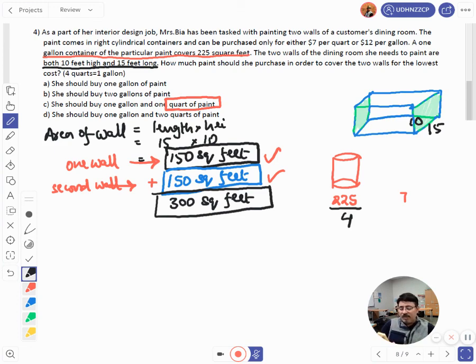Let me compute 225 divided by 4: 56.25. Therefore, if I take a 1 quart, a smaller one, this covers only 56.25.